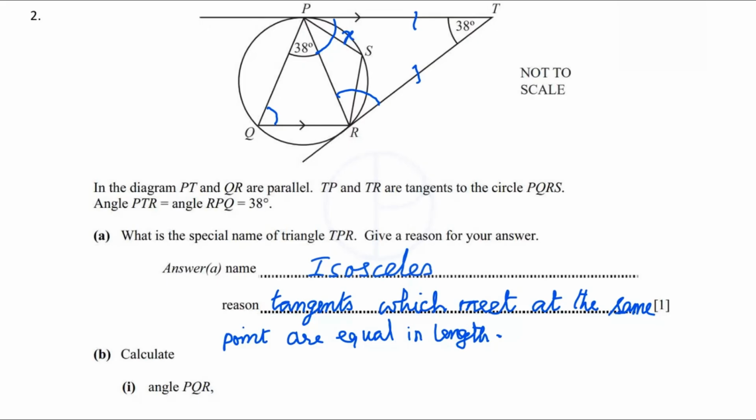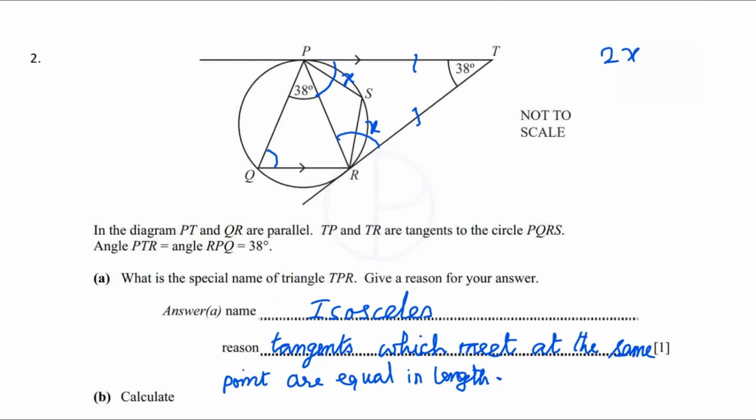So if we take this as x, 2x plus 38 is 180. Angle in a triangle is 180. So 2x is 180 minus 38. So x is 180 minus 38 divided by 2, which is 142 divided by 2, which is 71. So this angle is 71. So this is also 71.